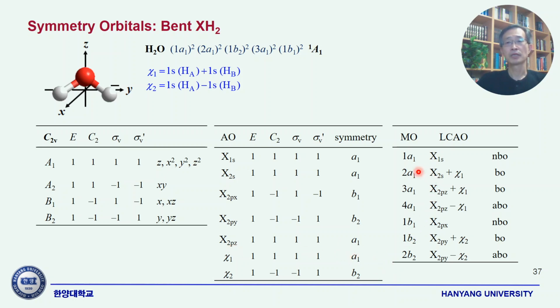So linear combination with either 2s, 2pz or 2py. So the 1s orbital and the 2px orbital are non-bonding, and the 2s orbital plus chi1 is bonding. 2pz plus chi1 is bonding. 2py plus chi2 is bonding. 2pz minus chi1 is anti-bonding, because that's anti-bonding character. 2py minus chi2 is anti-bonding.